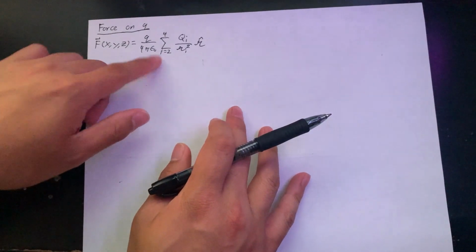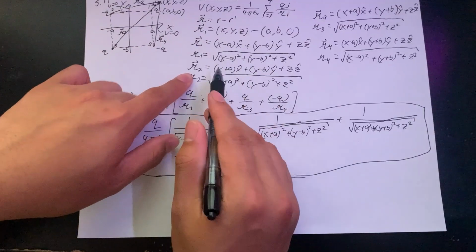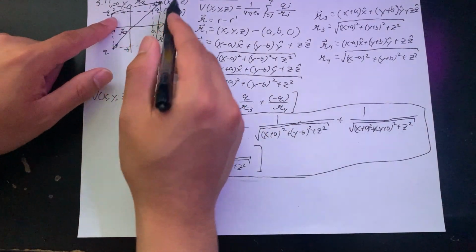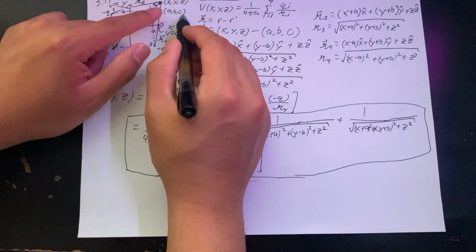So that's why I wrote summing up to 4 and starting at 2, because we have our separation vector 2, which is our point charge here, and our field point, instead of x, y, z, is going to be a, b, 0.